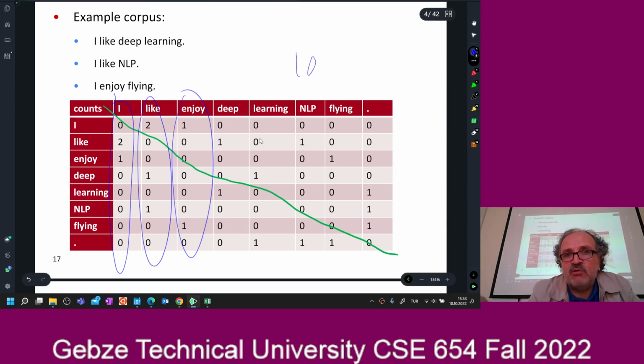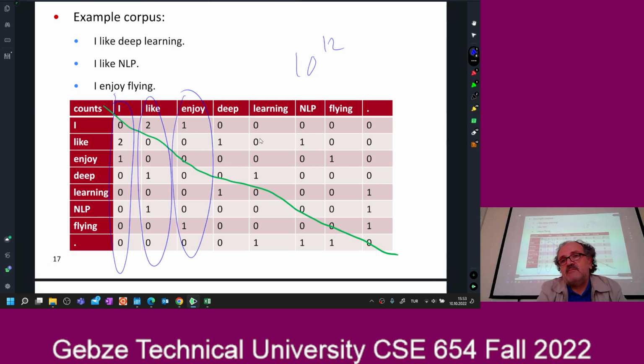1 million by 1 million is a very large number. It is 10 to the 12, a trillion-sized table. We don't have that kind of memory on our computers. So representing such a matrix for very large corpora is not that easy. That's why these co-occurrence matrices are not very scalable. They work well for small data sets.